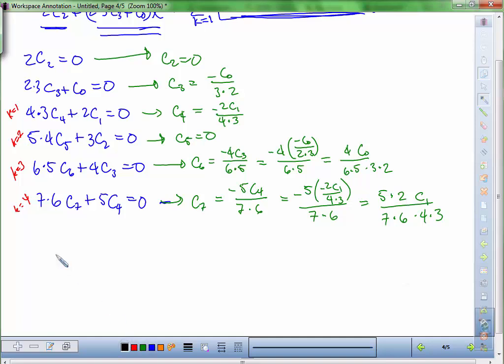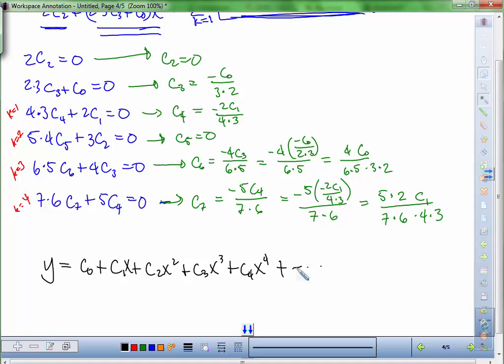So in the end, what I'm interested in writing is the power series y is equal to C0 plus C1x plus C2x squared plus C3x cubed plus C4 x to the fourth, etc. And so what I'm finding here is that C0 and C1 are your arbitrary constants from your general solution.